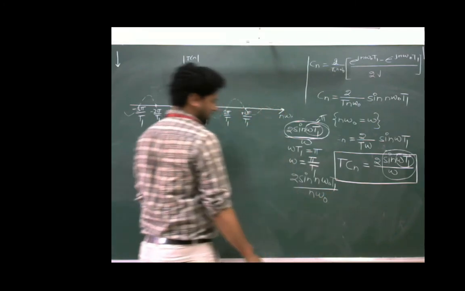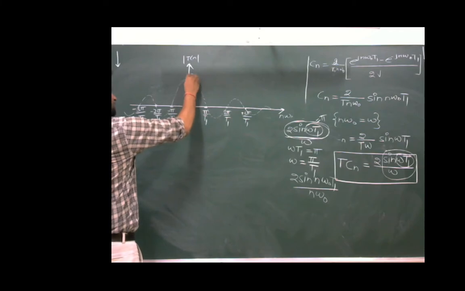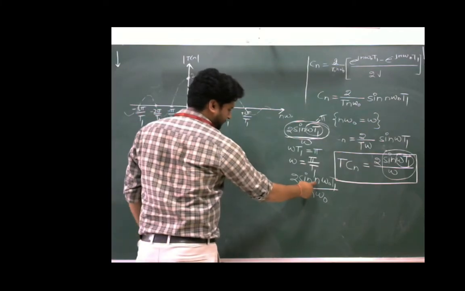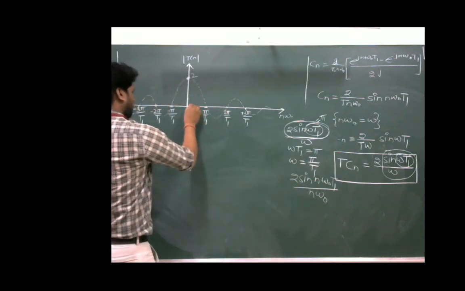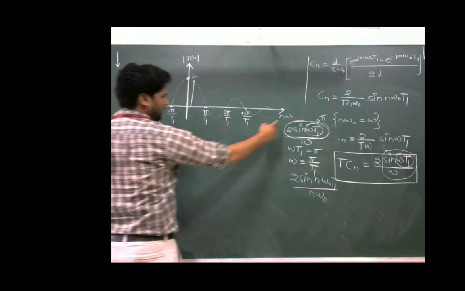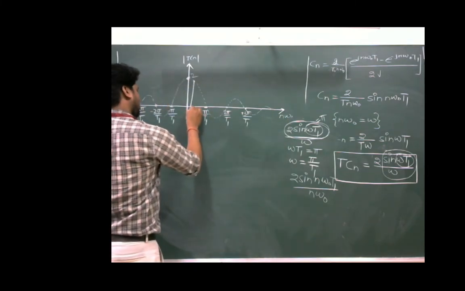If we plot for the different values of n, for n equal to 0, we will get this line. For n equal to 1, we will get this line. When n is equal to 1, this axis becomes omega naught.